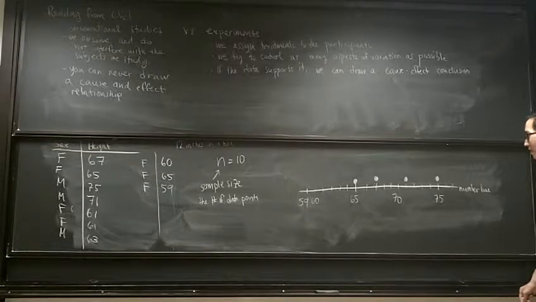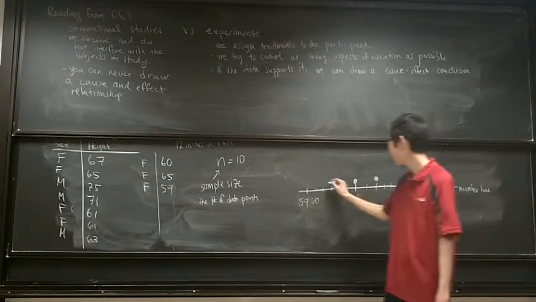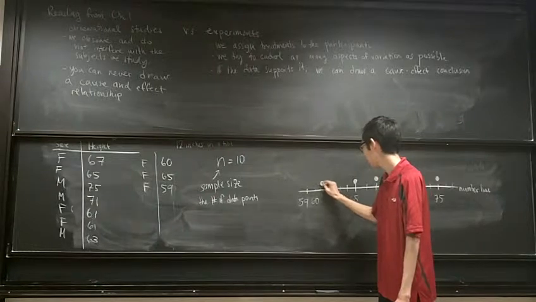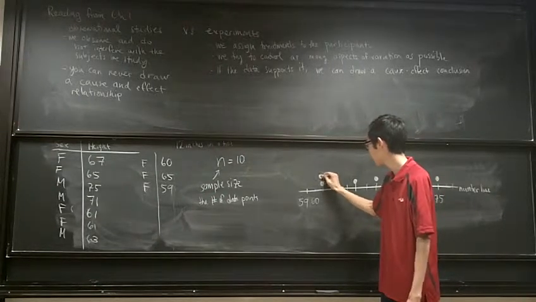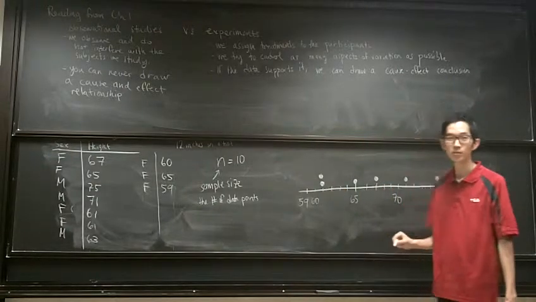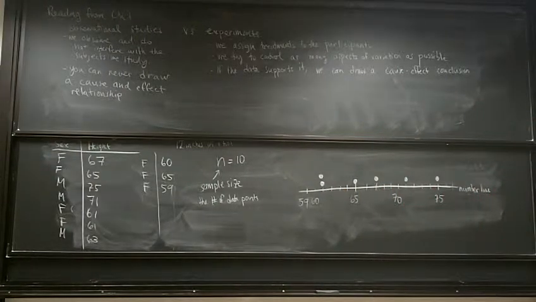Oh, I guess I need to point this out. If you have more than one person at the same point, you just put the dots above each other, okay? So you got 61, 61, and then you got 4 more, because I've done 6 of these for you. It should be quick. It shouldn't be too hard. And everybody should be making one of these.